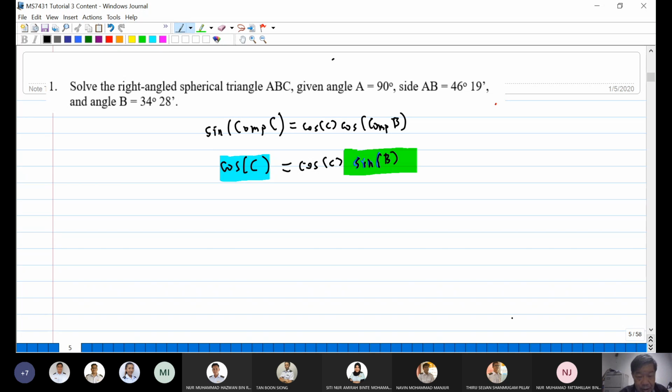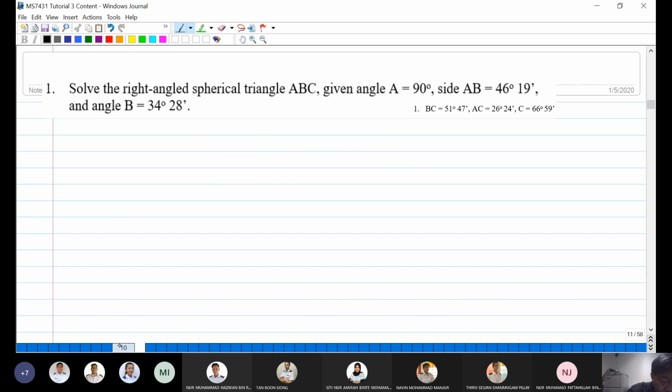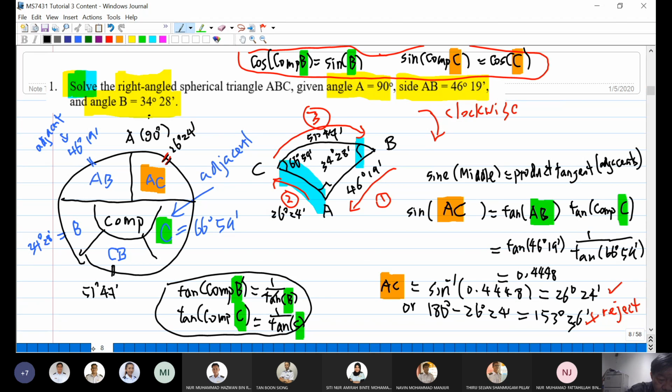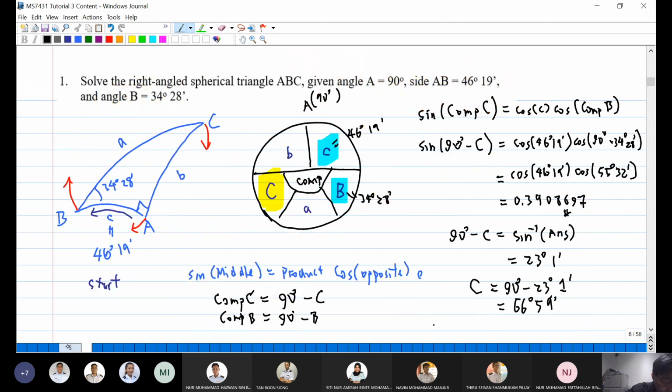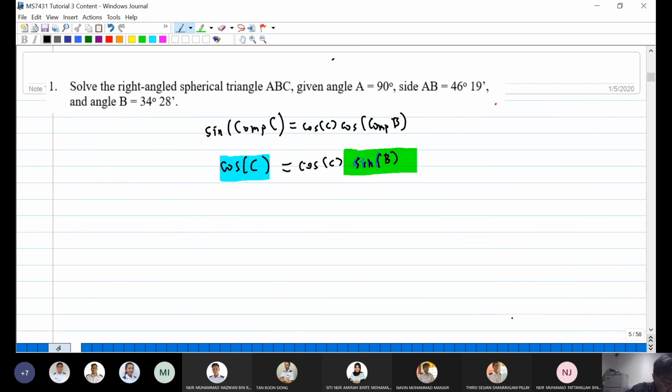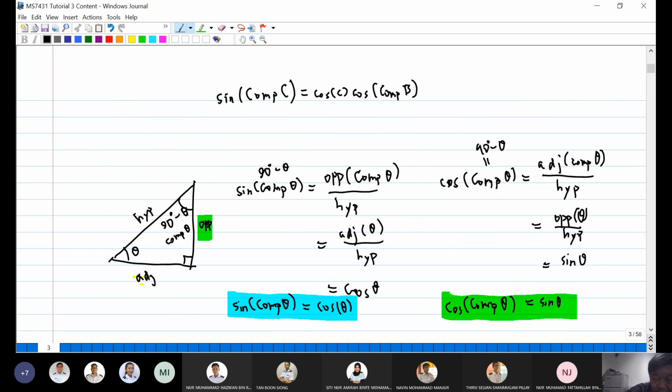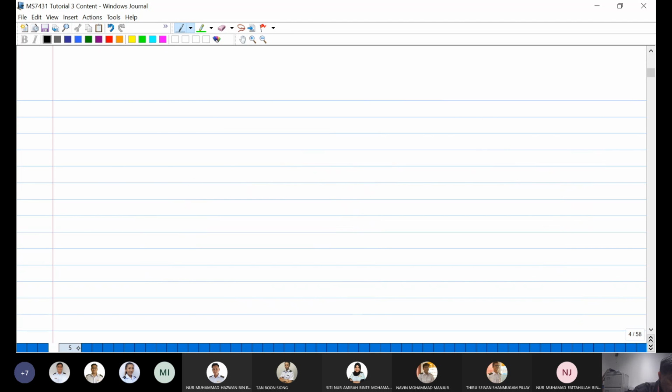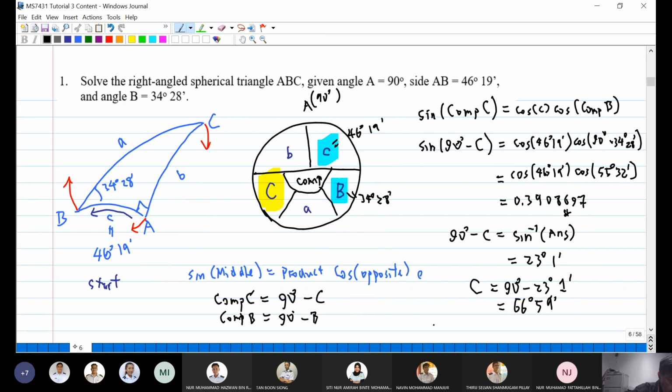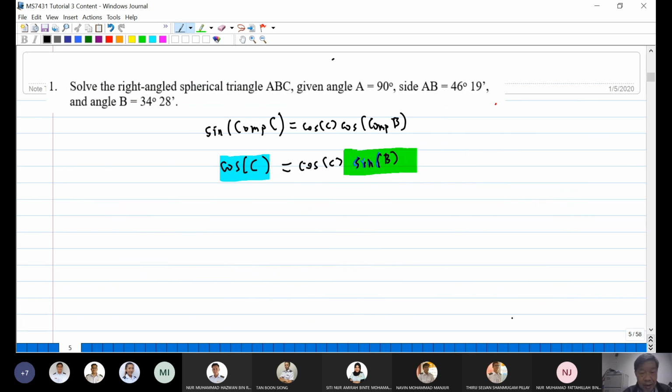I use this formula I just WhatsApp to you. Cosine of co-B is sine of B on theta here. So I use this, then do my calculation now.